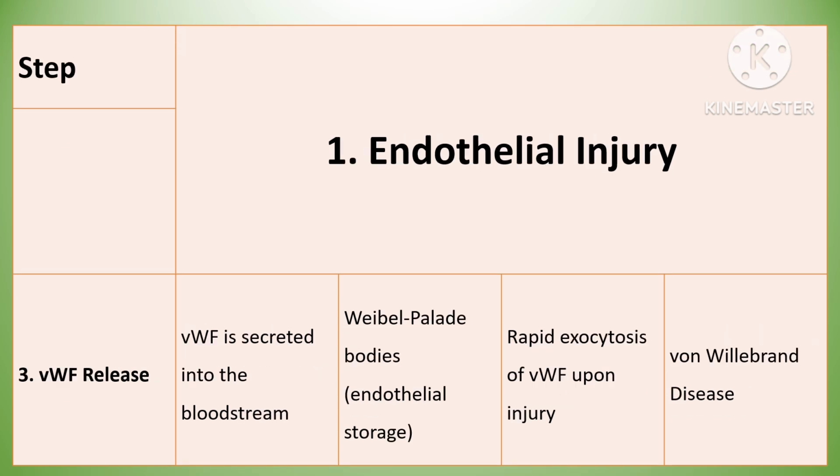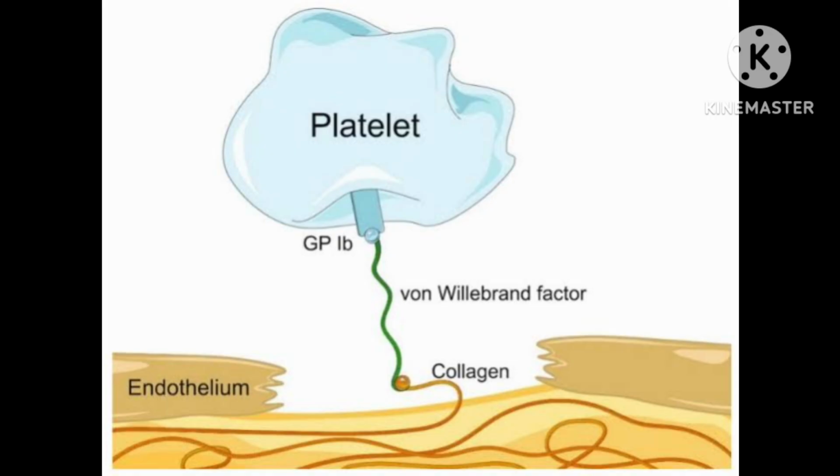In case of injury, when the vessel is damaged, the endothelial cells release von Willebrand factor into the bloodstream. In addition to this, this factor is also present in the subendothelial matrix and gets exposed along with the collagen. Here, platelets express a different kind of receptor which binds to von Willebrand factor. It is glycoprotein 1b.